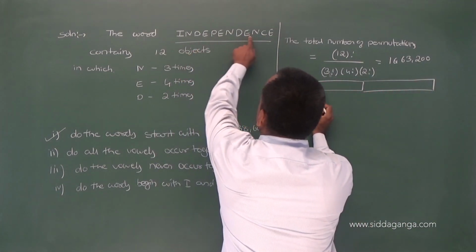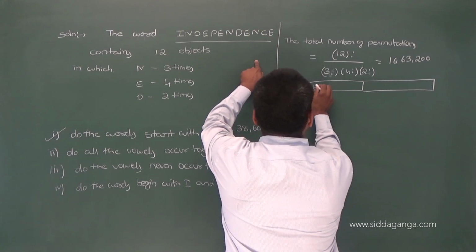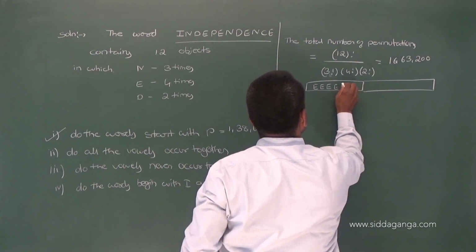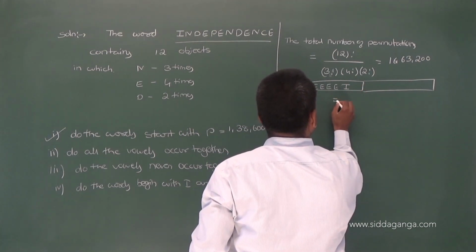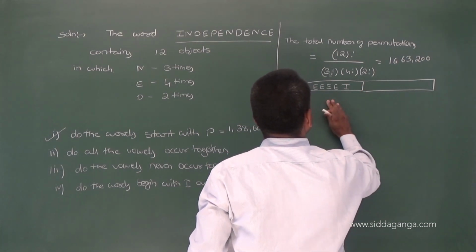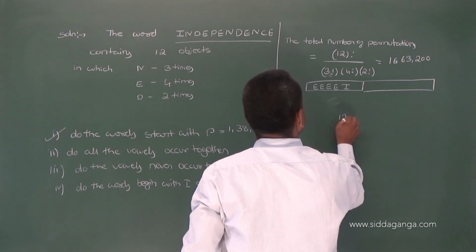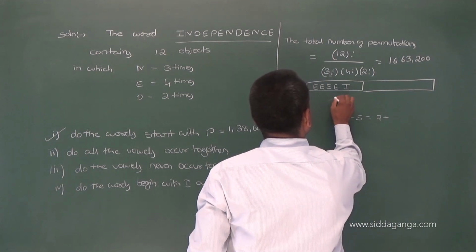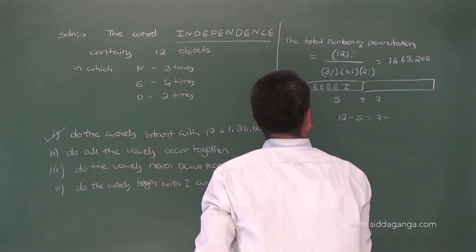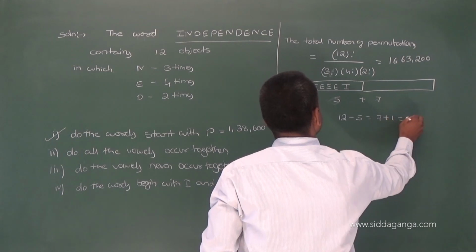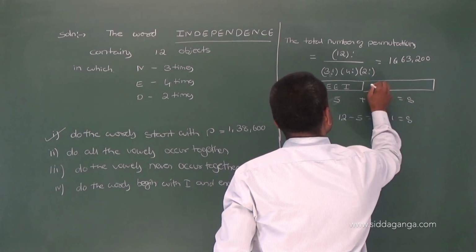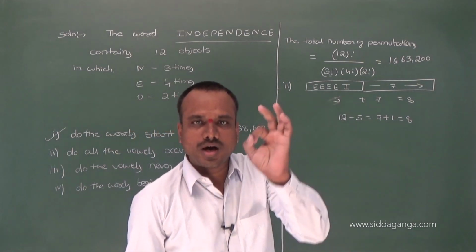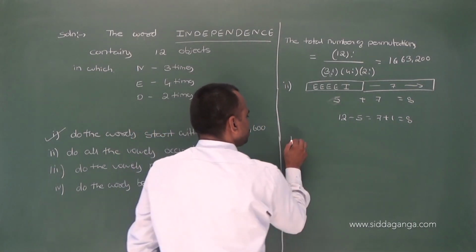How many E's are there? 1, 2, 3, 4, and I. Total is 5. So 12 minus 5 is 7, and 7 plus 1 is 8.